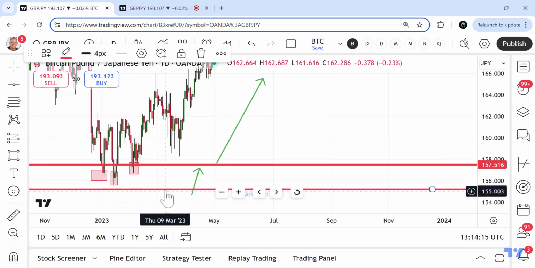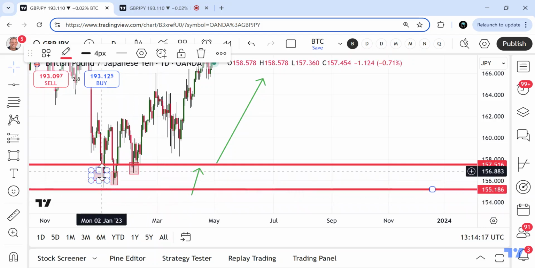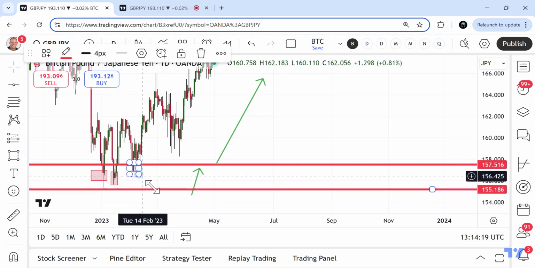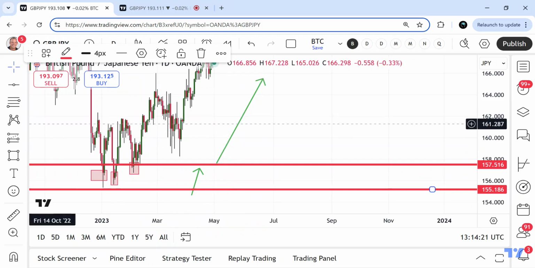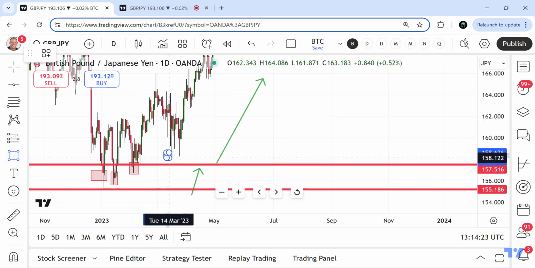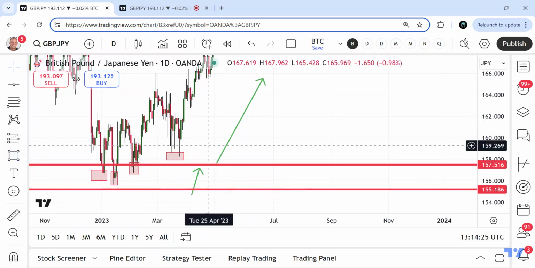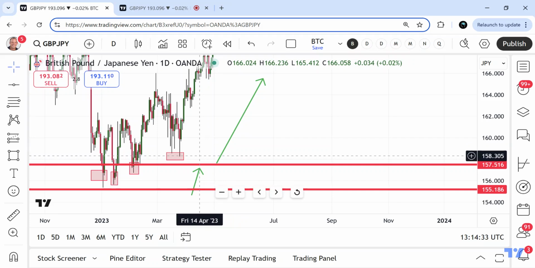So 155 would be the stop loss. And then any of these opportunities right here would be a good opportunity, or even this one right here. It didn't go back fully to support, but it did definitely try to sink into it before it launched off. So that is when you're looking at when price breaks out.